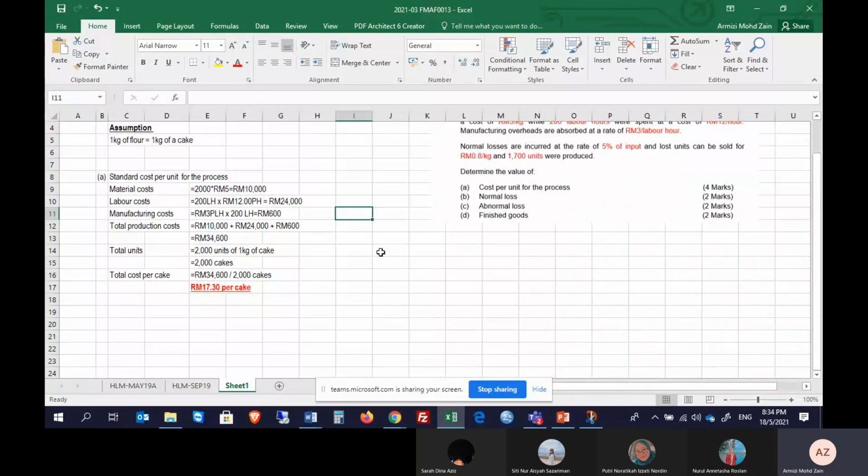Ini ada standard. Seribu, 2000, sekejap. 12 je kan? 12,200 ditambah dengan RM5. Ha, salah ni.